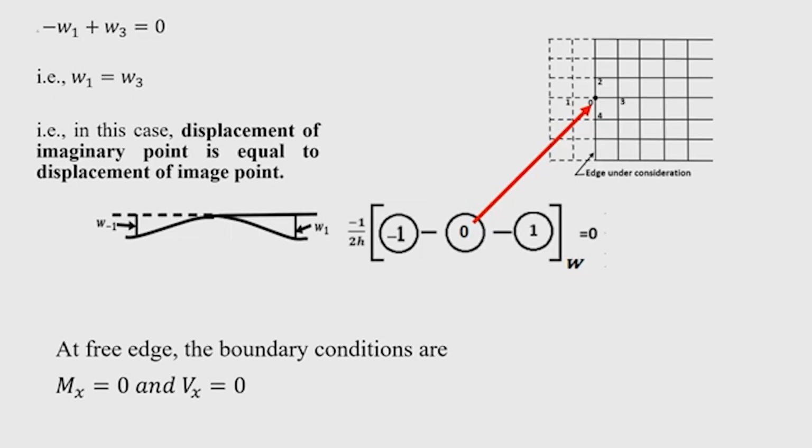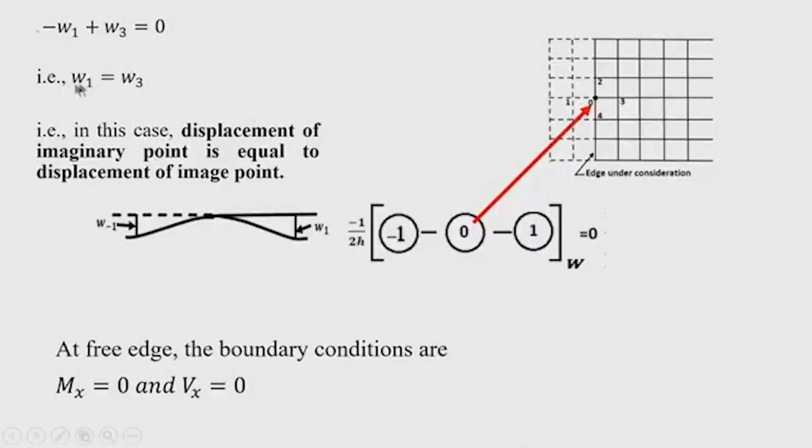Okay. So, we have applied the boundary condition at the edges with the simply supported condition, that is the bending moment is 0, and also the slope 0 at the fixed edge condition. So, two equations we have got: W 1 equal to W 3 for the fixed edge condition, where W 1 is the imaginary point deflection and W 3 is the corresponding image point.